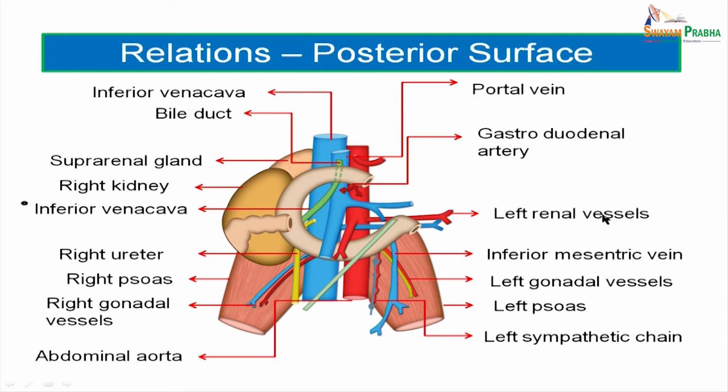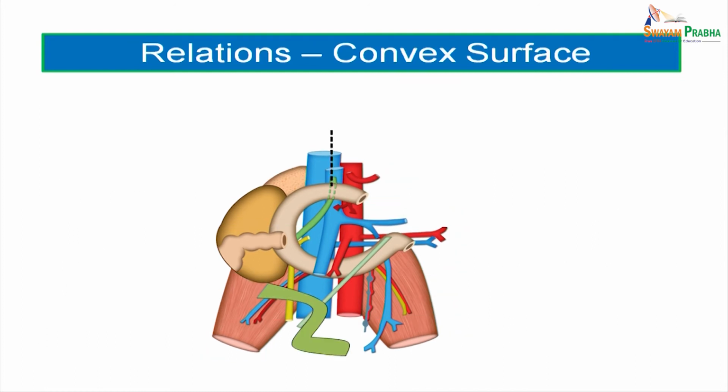So, that was a huge summary of relations on the posterior aspect. Next let us move on to the convex surface relations. This is a little bit easier slide.